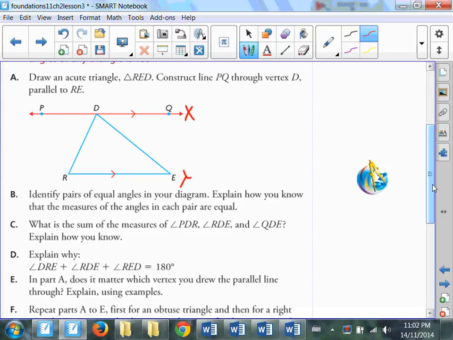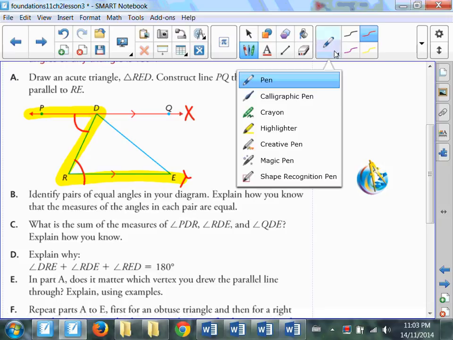So, we'll start off with identifying pairs of equal angles in the triangle. By Z pattern, if we make a Z here, we know that this angle here is going to be the same as this angle here. So we know that angle PDR is going to equal angle DRE.